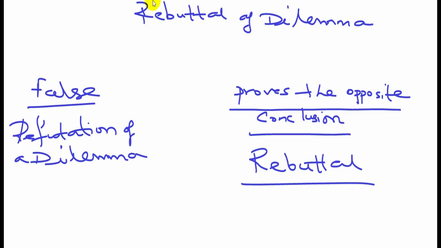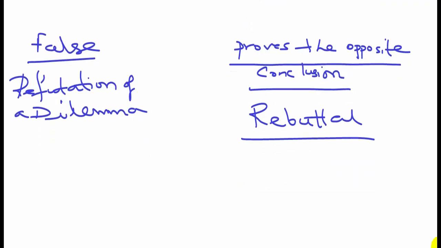The process of rebuttal of a complex constructive dilemma is this. The major premise of the counter dilemma is formed. So we have to understand this. Remember what is a complex constructive dilemma?